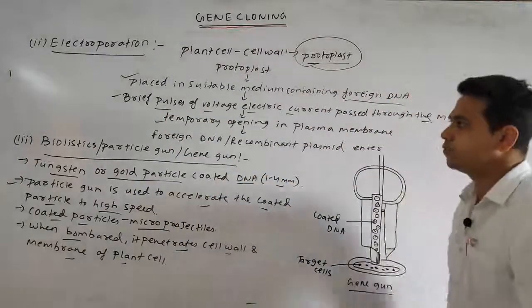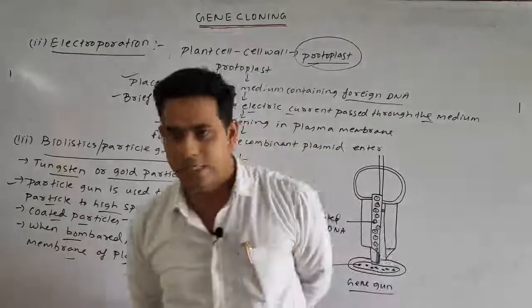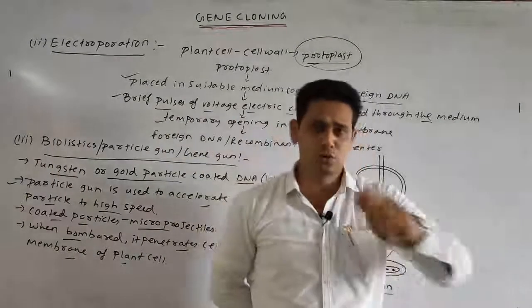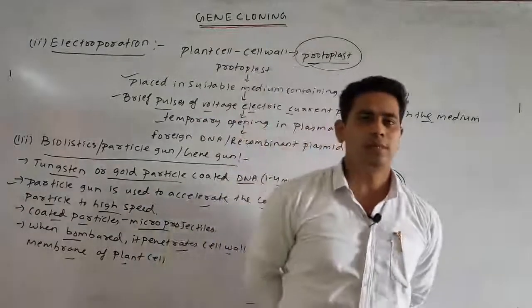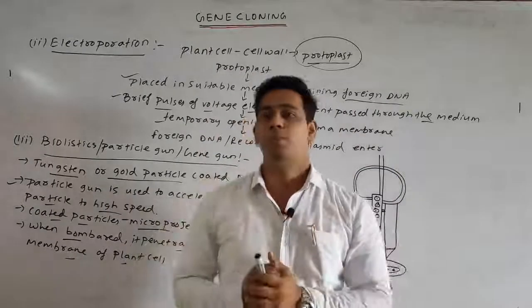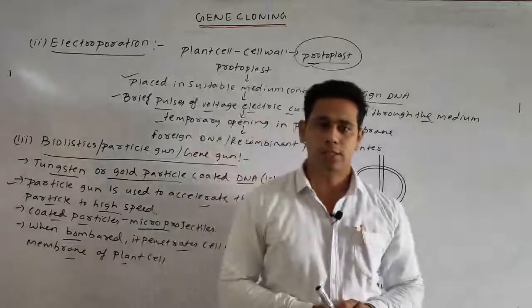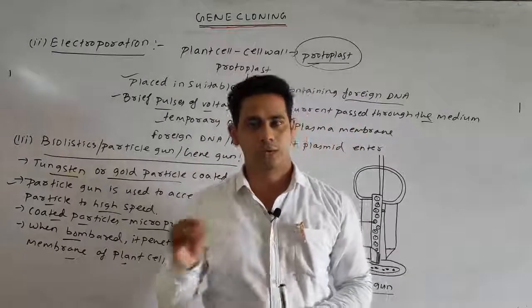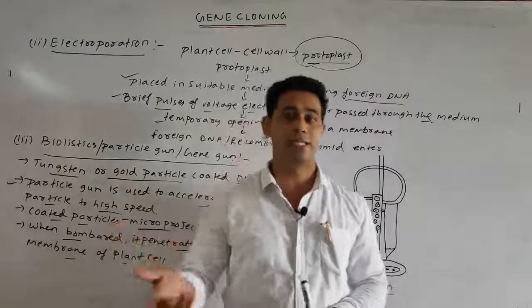So these are the various alternative methods of host cell gene cloning. Today we discussed gene cloning. Gene cloning is the process in which identical copies of the DNA or gene are prepared. It is of two types. We discussed host cell based gene cloning, and the second one is PCR, the polymerase chain reaction.